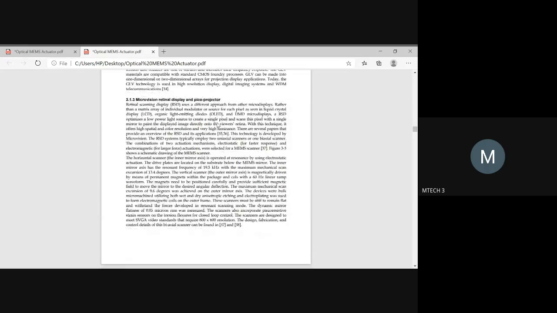And apart from that, you have one more application related to the microvision retinal display. Sometimes it helps in correcting the retinal display. For some people, in medical application, if the display on the retina is not happening properly, they cannot identify the location of the person. Suppose a person is standing in front of you.